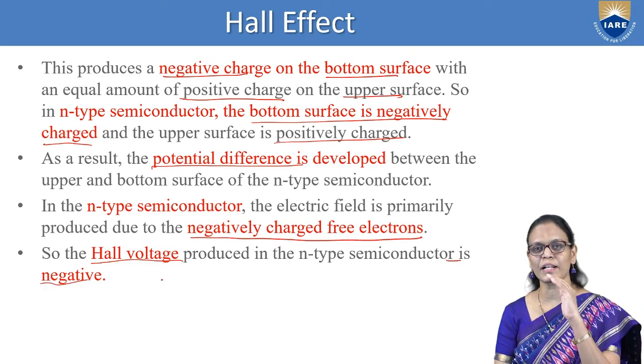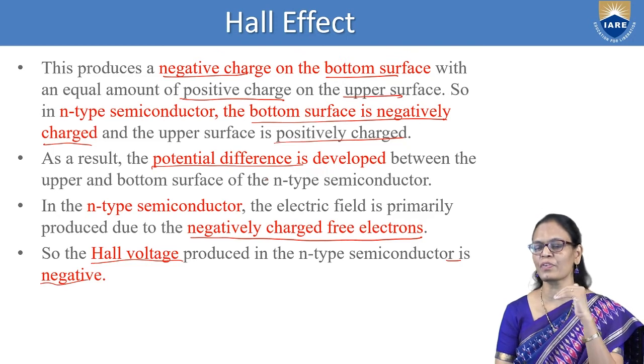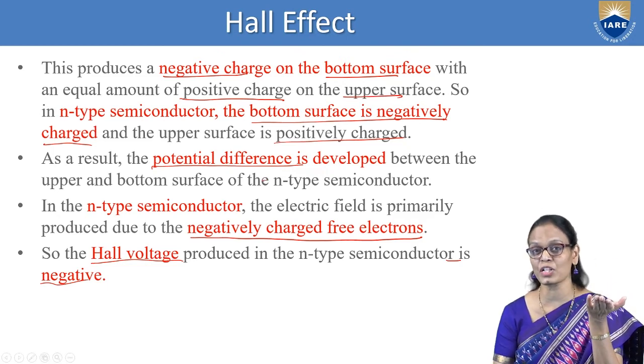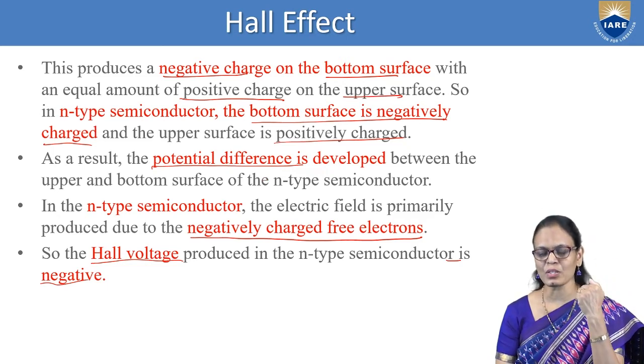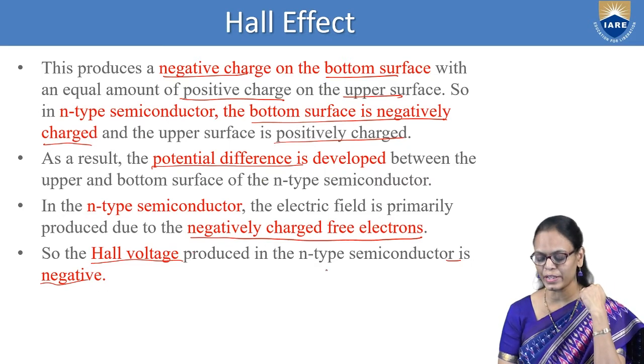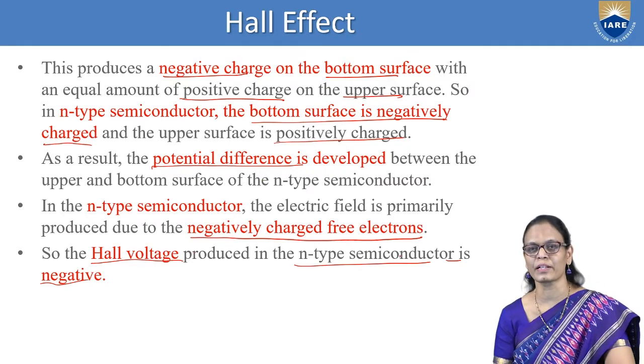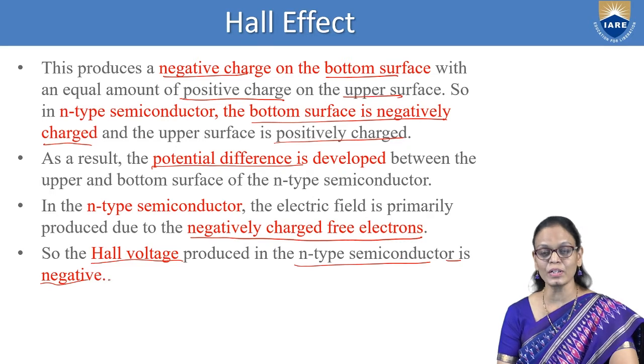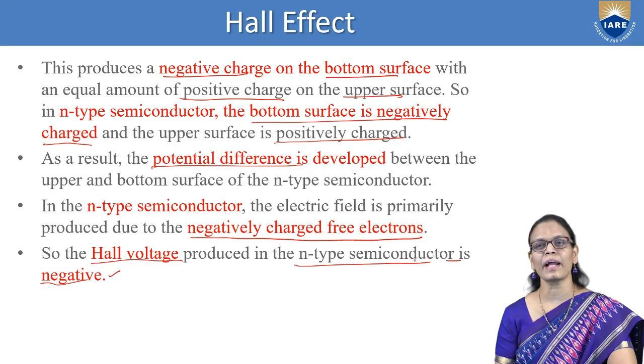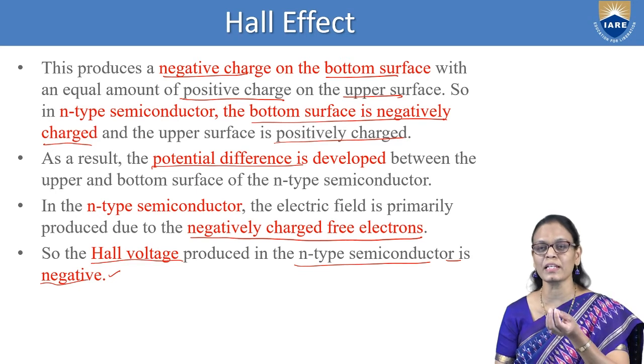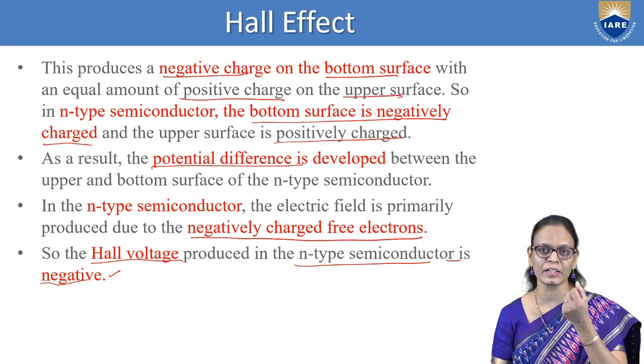There is a difference in potential, and because of the potential difference, there is a voltage we can measure. This voltage is negative in the case of an n-type semiconductor. So if you measure the voltage and it is negative, that means it is an n-type semiconductor. Without seeing the charges, by measuring the voltage, you are able to say which type of semiconductor it is.